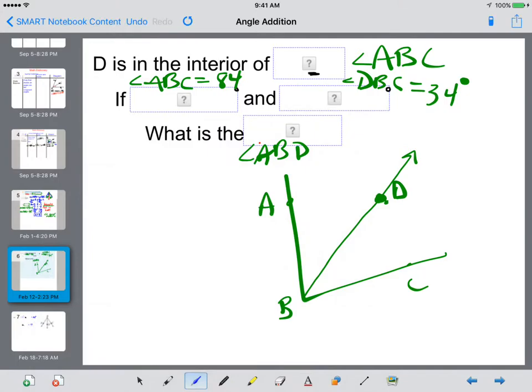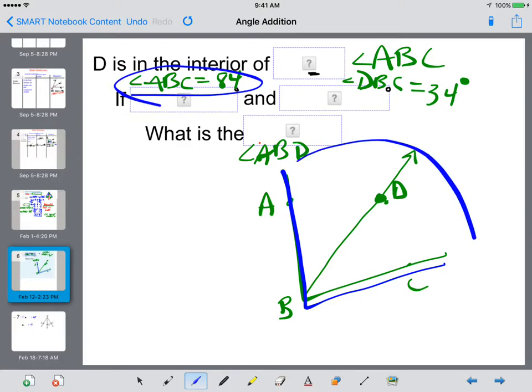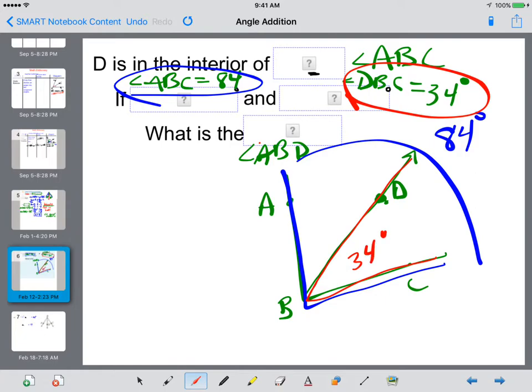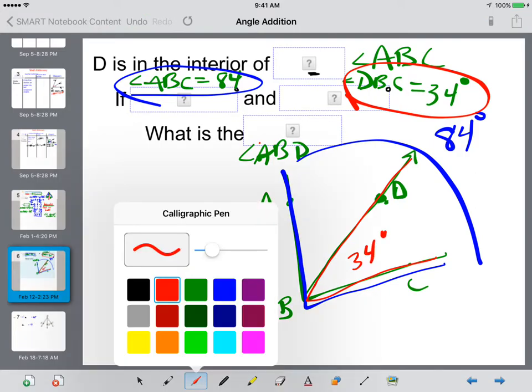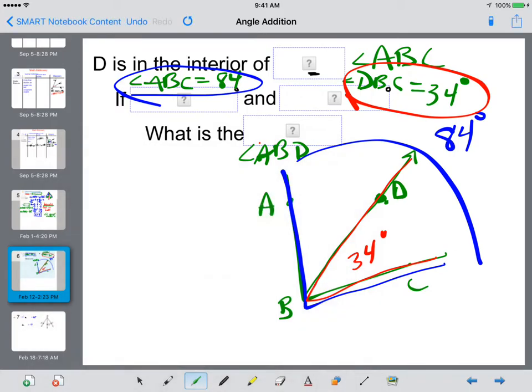So this one we're just dealing with the numbers. So if angle ABC, so that's this angle, the whole thing is 84 degrees, and the measure of angle DBC is 34 degrees. We want to figure out what is the measure of angle ABD.